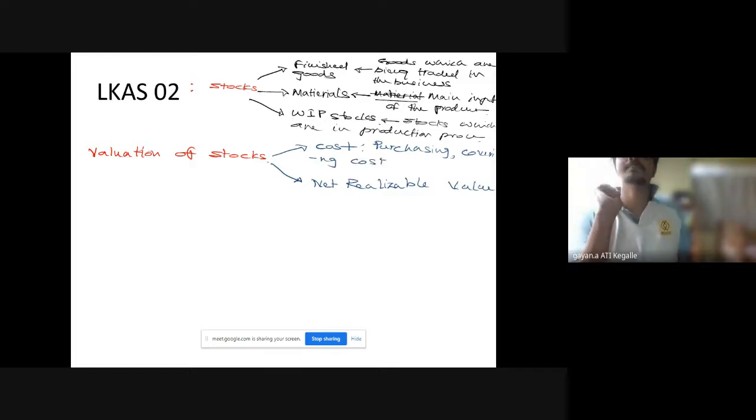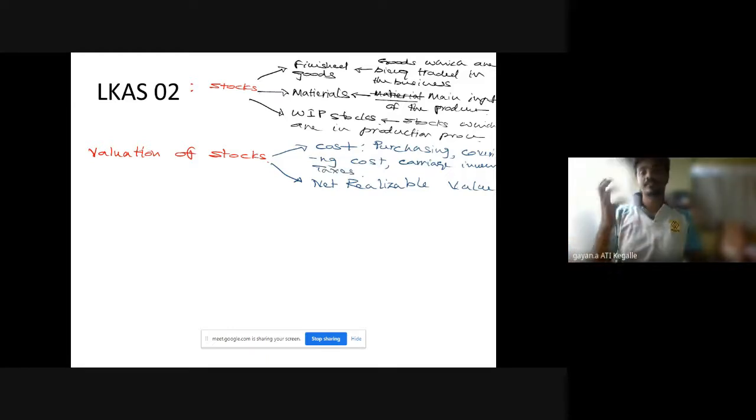Again, some other cost like carriage inwards, and some taxes we can include like import tax, taxes which we cannot be reimbursed.